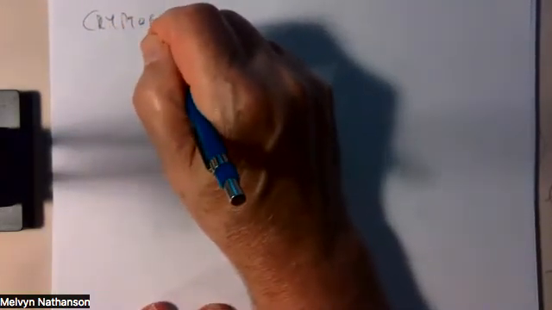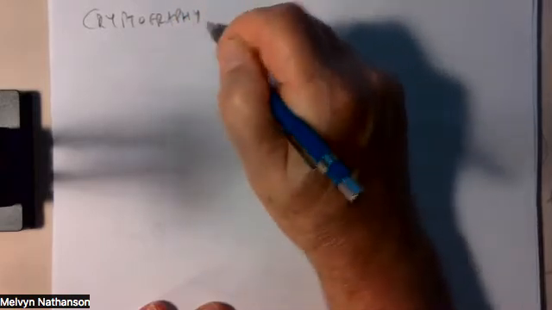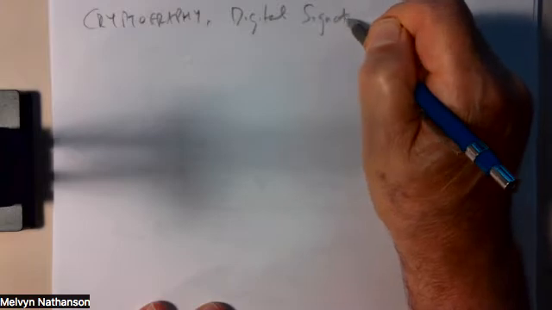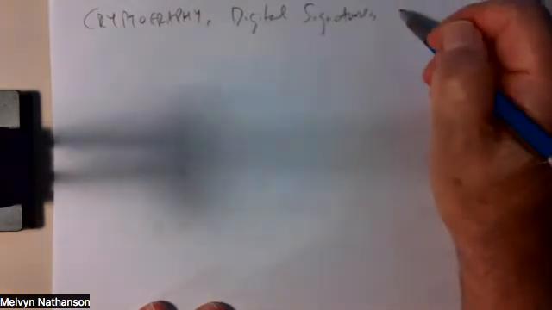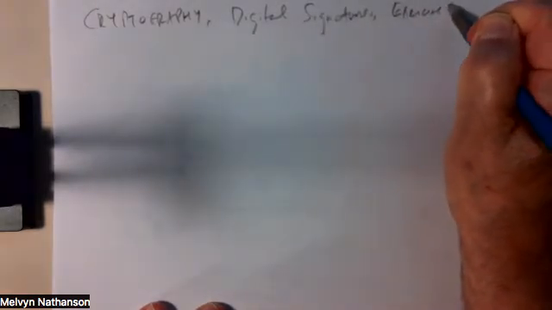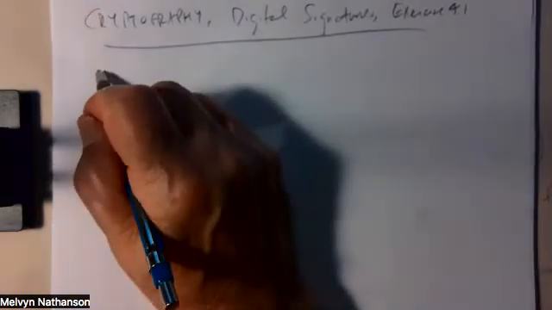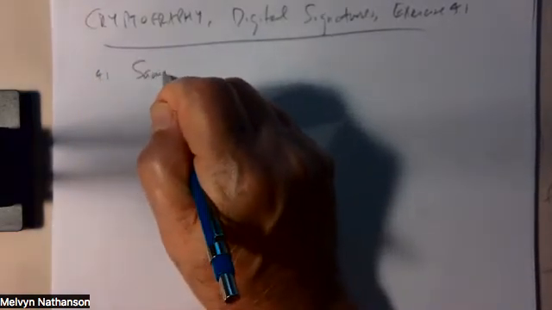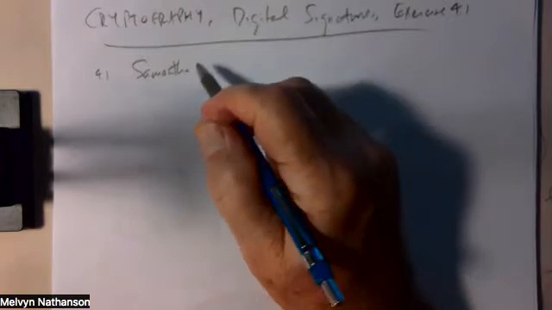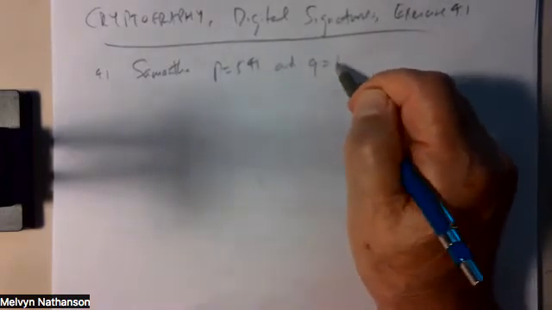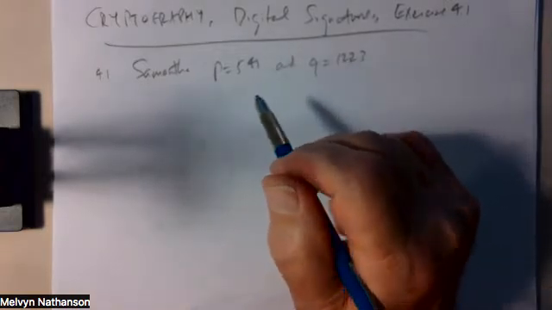So this is in cryptography, in a chapter on digital signatures. Exercise 4.1. Samantha is taking 2 primes, P equal 541 and Q equal 1223.